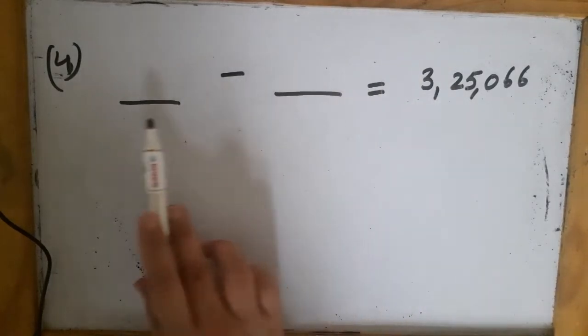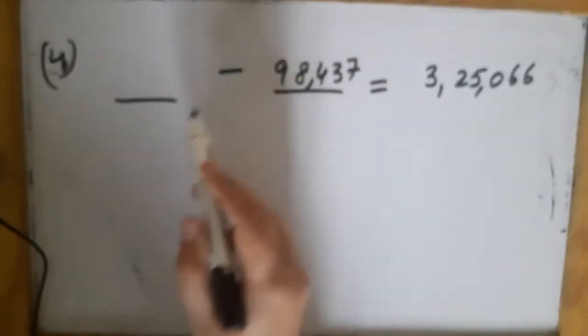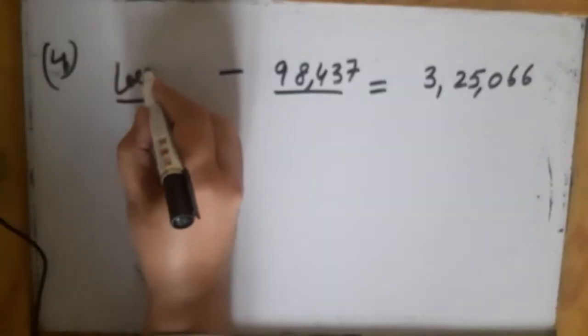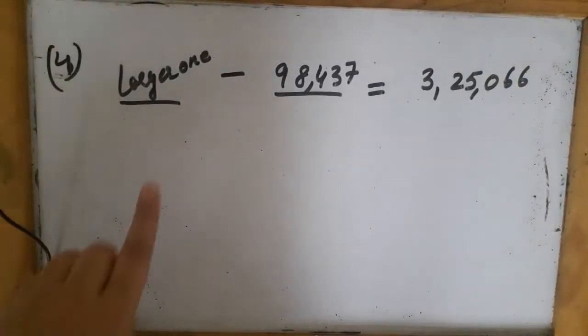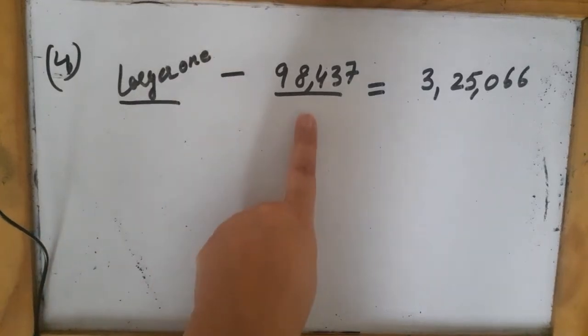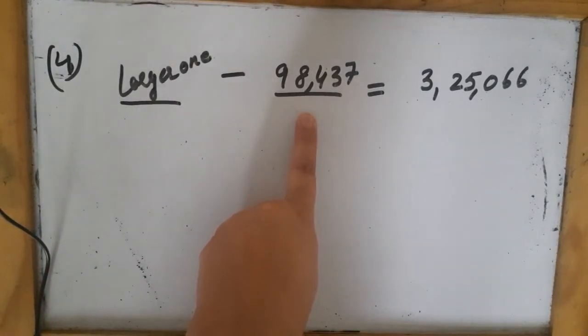It's the answer when we subtract two numbers. Okay, remember this. Now they are saying the difference of two numbers is this. If the smaller number, where will I write the smaller number? On the second place. The smaller number is this, and they are asking you to find the larger one. In the previous question they had given you the larger number and we were asked to find the smaller one.